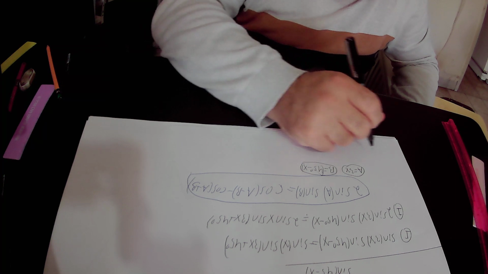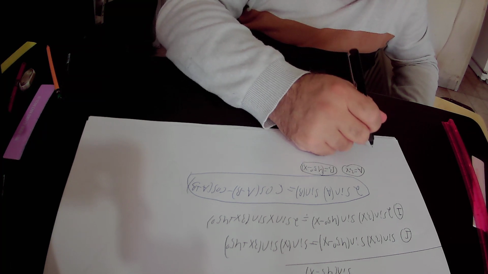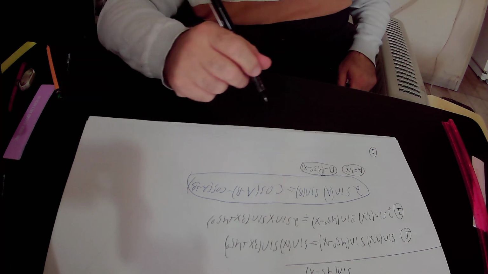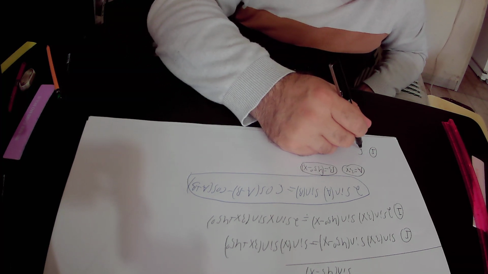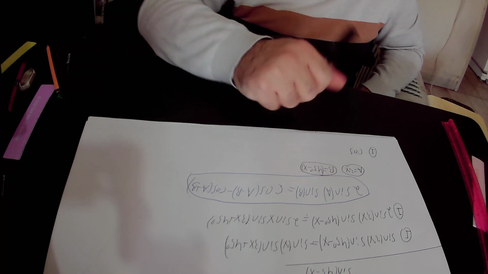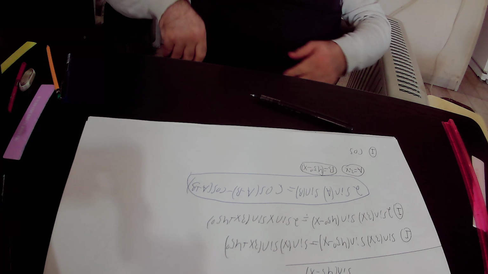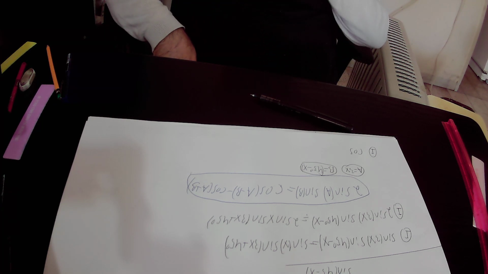So 2 sine 3x sine 45 degrees minus x, according to this trigonometric identity, will be equal to cosine A minus B, but A is 3x and B is 45 degrees minus x.